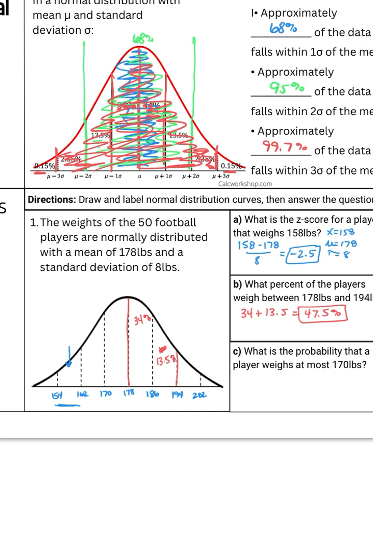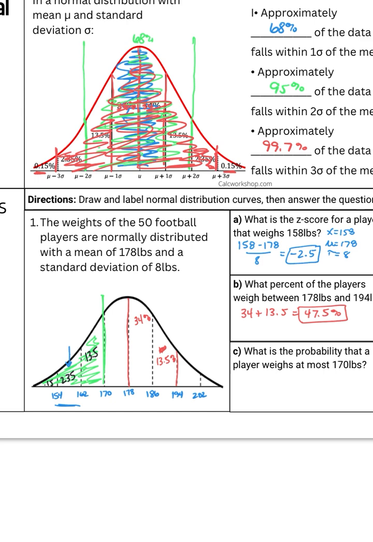What's the probability that a player weighs at most 170? So here's the 170. And in order to weigh at most 170, that means you have to be below 170. So we know that this section is 13.5, and we know this is 2.35, and this is 0.15.